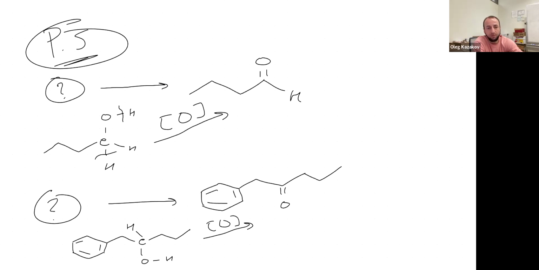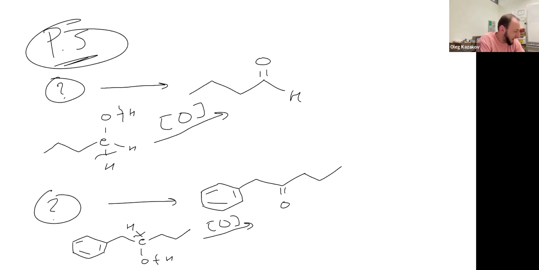So basically you will be able to chop off H and H, and then make another bond between carbon and oxygen, which will lead to the formation of the carbonyl group and the ketone overall, if you look at the entire molecule. So the secondary alcohol is our initial reactant that undergoes oxidation and gives us this particular product, right?